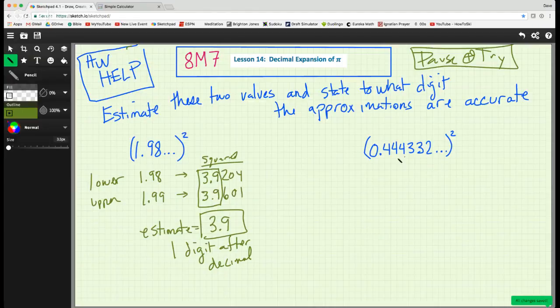We'll do the same thing here and we'll get our lower bound 0.444332 and my upper bound, which is 0.444333.